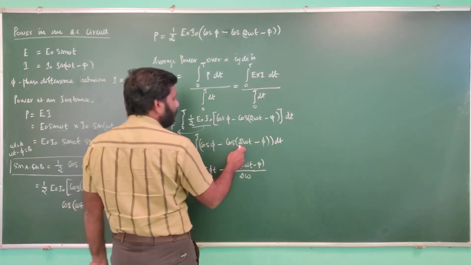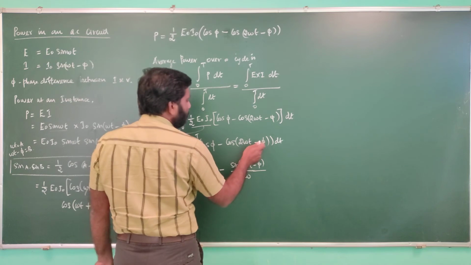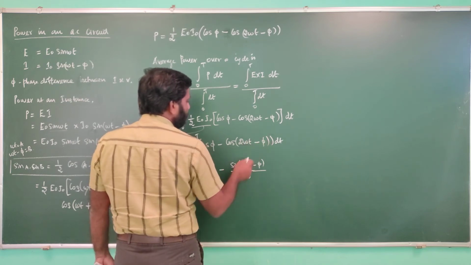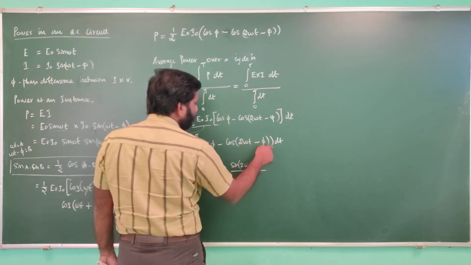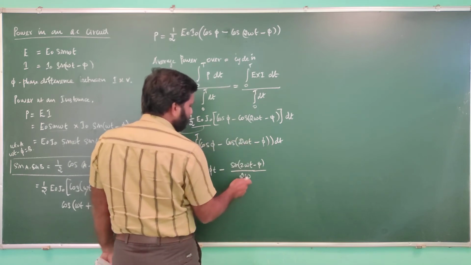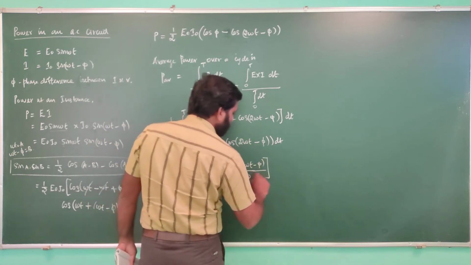So cos (2 omega t minus phi) becomes sin (2 omega t minus phi) divided by 2 omega, that is given here.